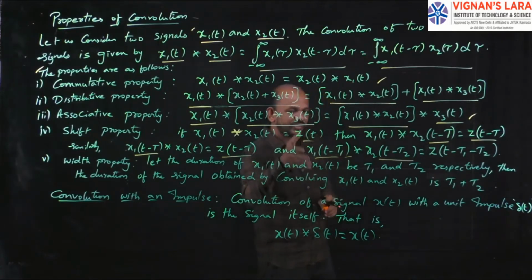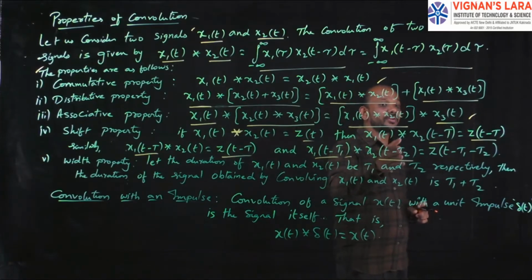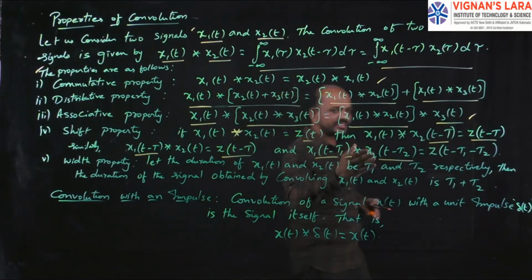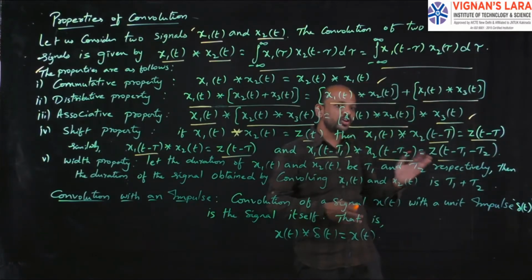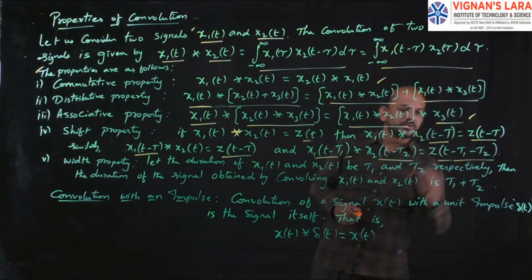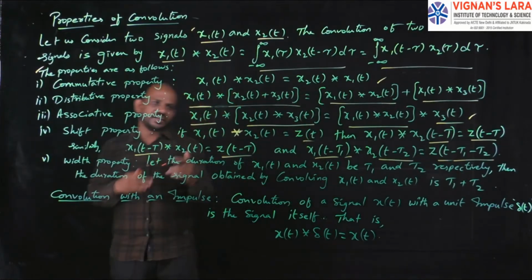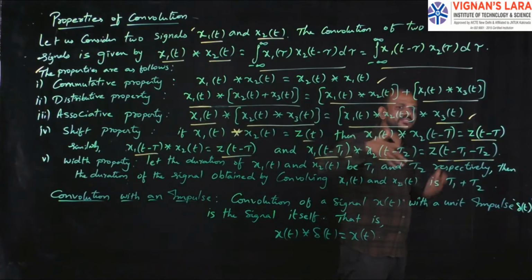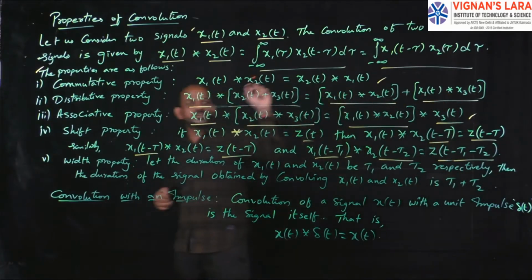So here the first signal x1(t) is shifted by capital T1 seconds, and the second signal x2(t) is shifted by capital T2 seconds, that is the first signal is delayed by T1 seconds and the second signal is delayed by T2 seconds, then the output is delayed by the combination of both, that is z(t − T1 − T2). If both signals are delayed, the output will be delayed by the combination of both, z(t − T1 − T2).